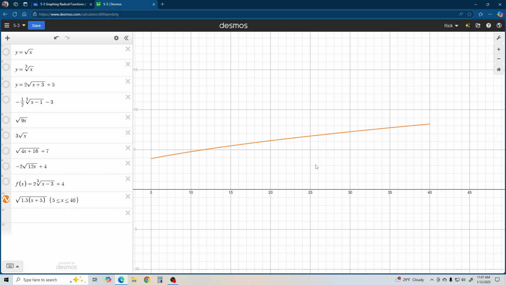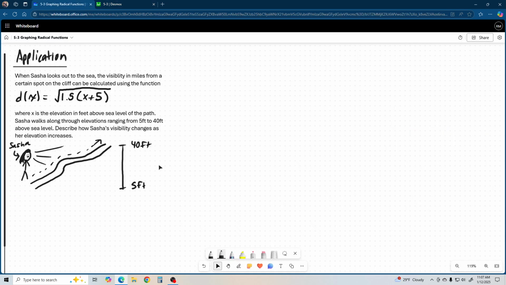And as you can see, if she starts at 5 feet above sea level, she can see 3.87 miles. And then all the way over here, at 40 feet, she can see 8.2 miles. So she's able to see farther in the distance the farther along up the path she goes, right?